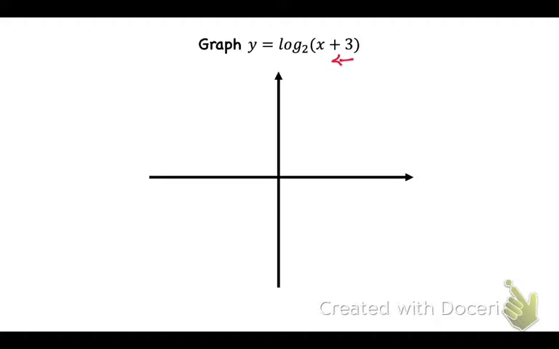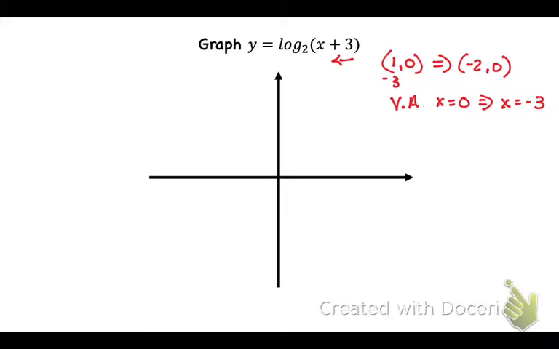So 1, 0, we're going to subtract 3 for left, so it's moving to negative 2, 0. So if that changed, my vertical asymptote was x equals 0, but now it is x equals negative 3, because everything is moving back, correct?